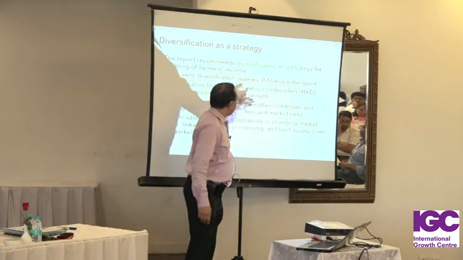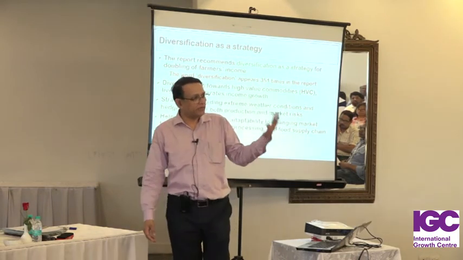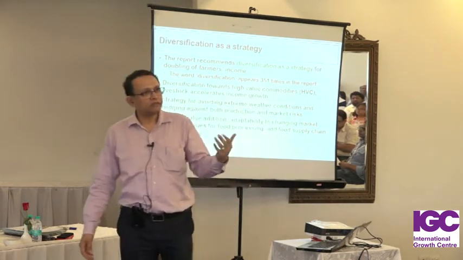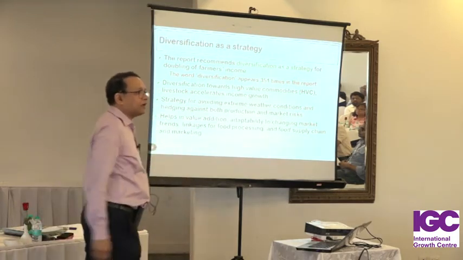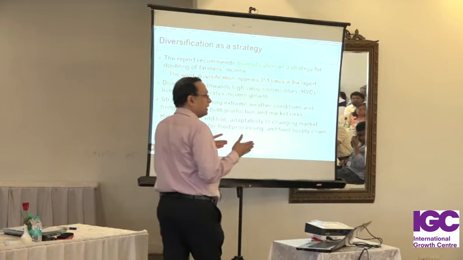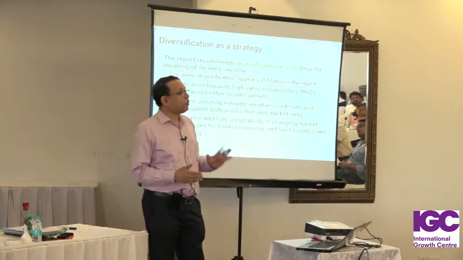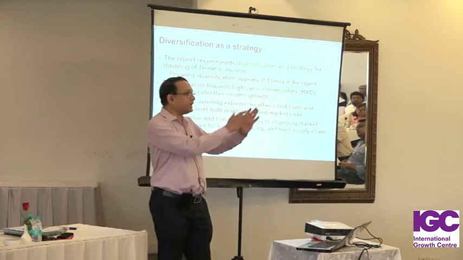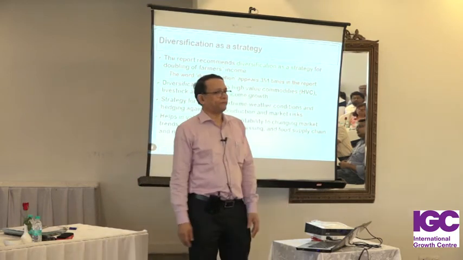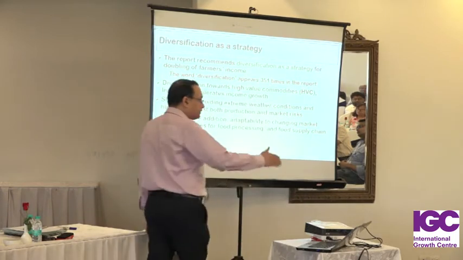Whereas when it comes to high value commodities like fruits, vegetables, dairy, meat, poultry, fish, these are commodities where the income elasticity of demand is high, and for some of them greater than 1. And that's why you need to get into those commodities. That is where the growth is.